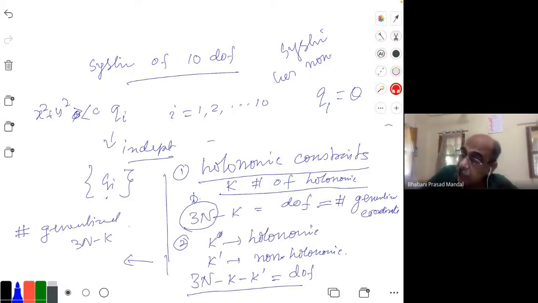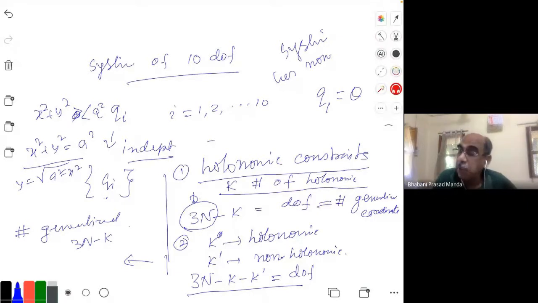If I say that x square plus y square is a square, then I can eliminate y as root over a square minus x square, right? But if it is a less than or greater than sign, then I cannot eliminate like this.